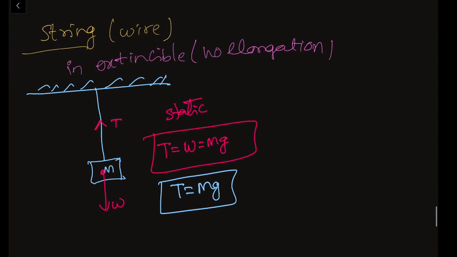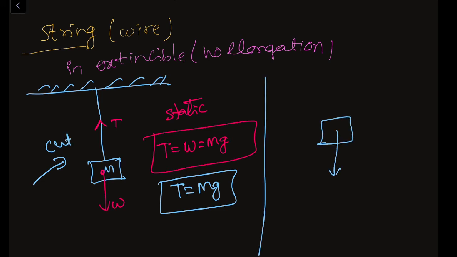Now if we cut the string, what happens? The body moves downward. Acceleration is downward, which means we can say free fall.